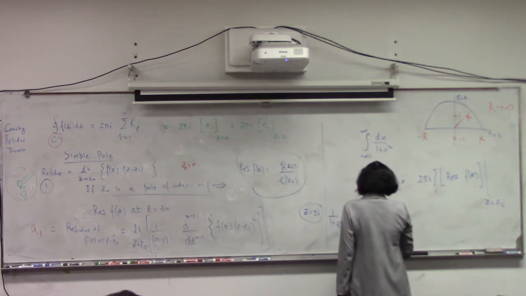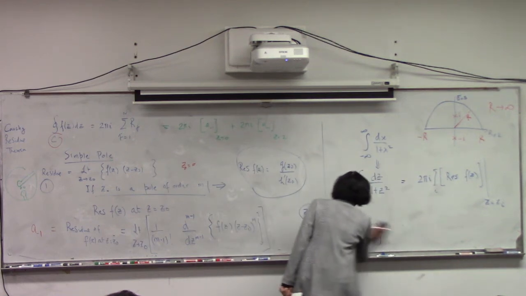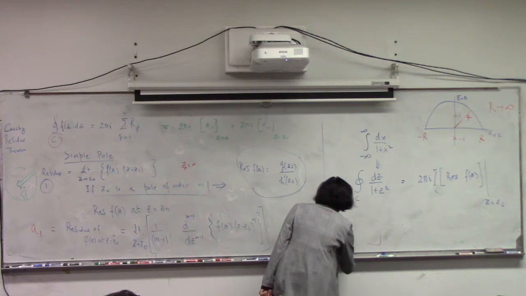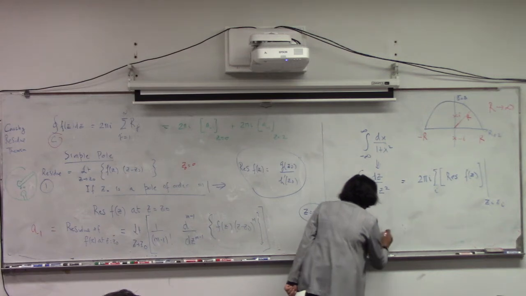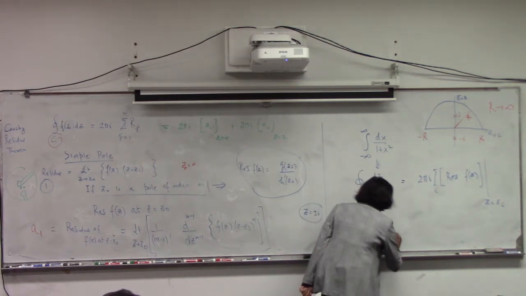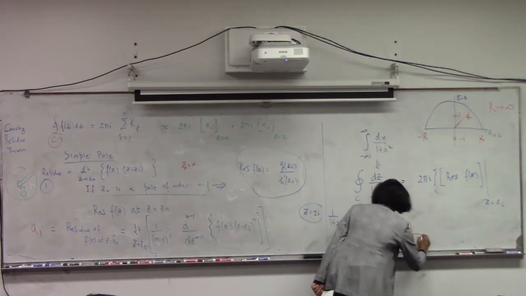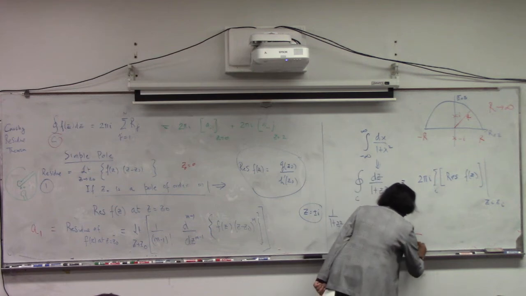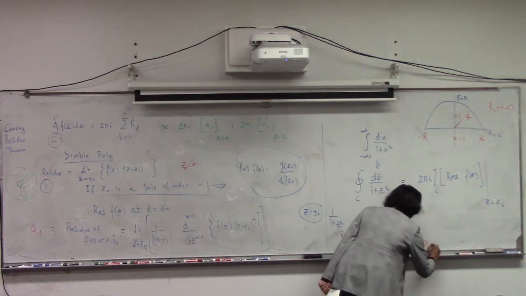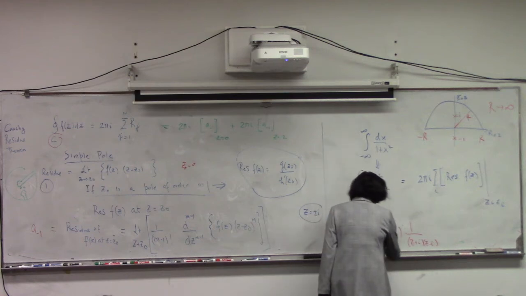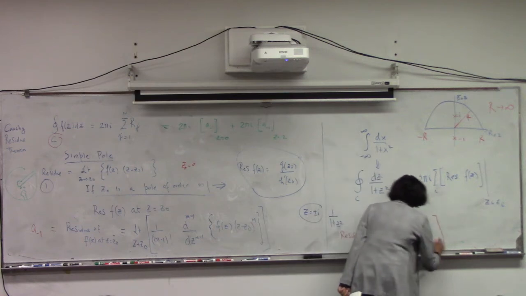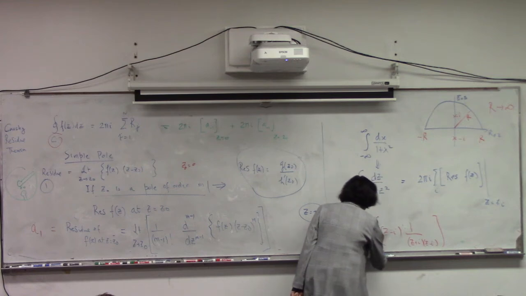And that's what we had calculated a little bit earlier, so it's a simple pole, so let's just take the limit z going to i.